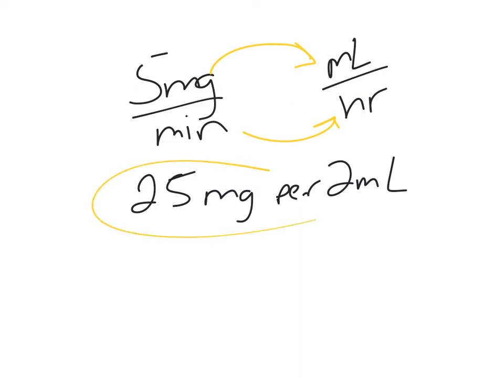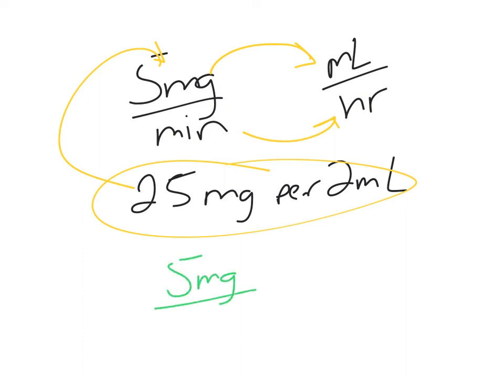Based on that supply, you went ahead and put that into a dosage formula. If you did, you would have ended up with 5 milligrams divided by 25 milligrams times 2 milliliters. That's totally fine, because what we're calculating here by taking 5 divided by 25, multiplying by 2, gives us 0.4 milliliters. We have converted our milligrams to milliliters.